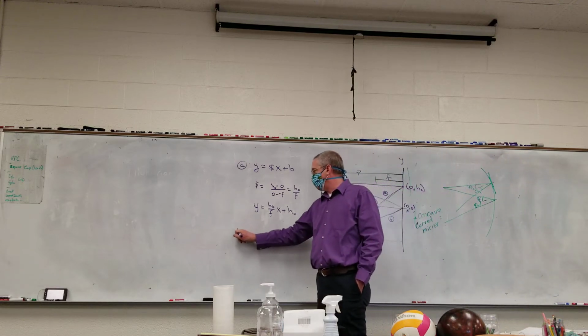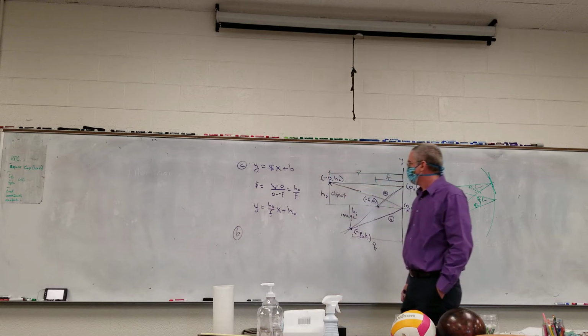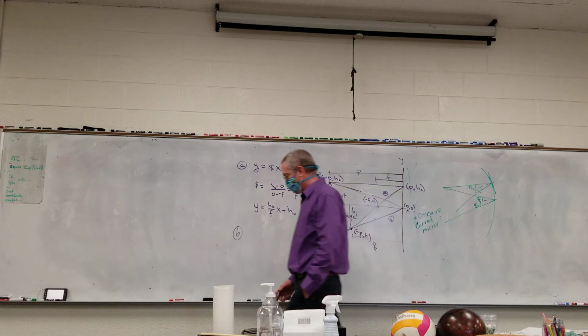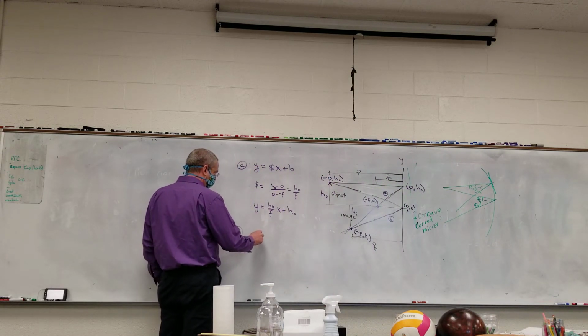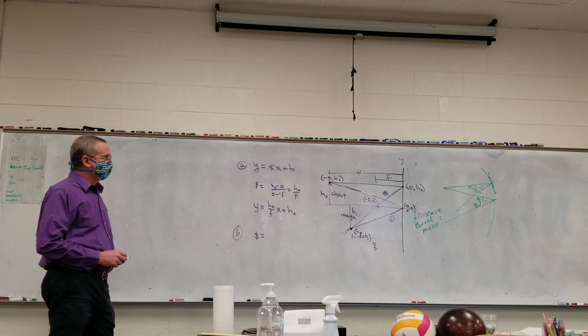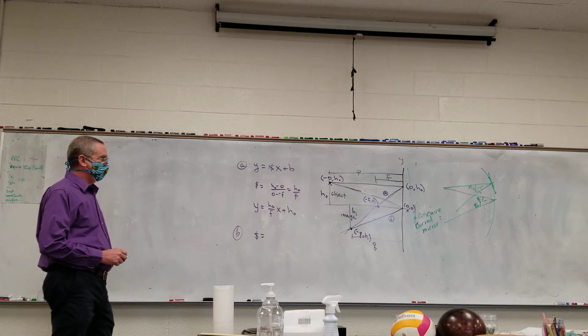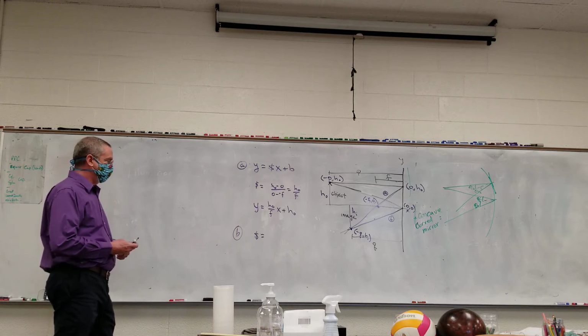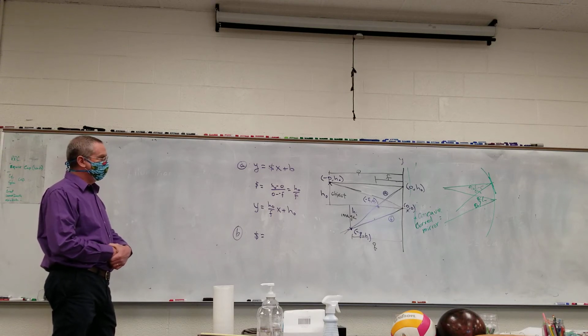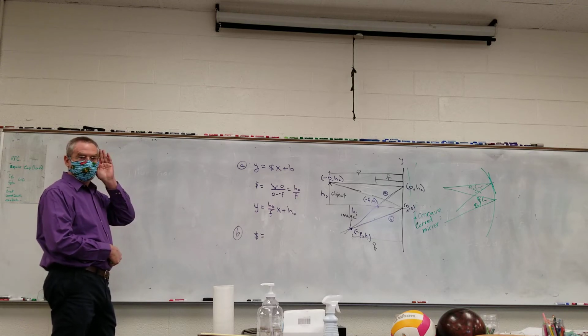Now, line B. What's the slope of line B? Isn't it HI over F?